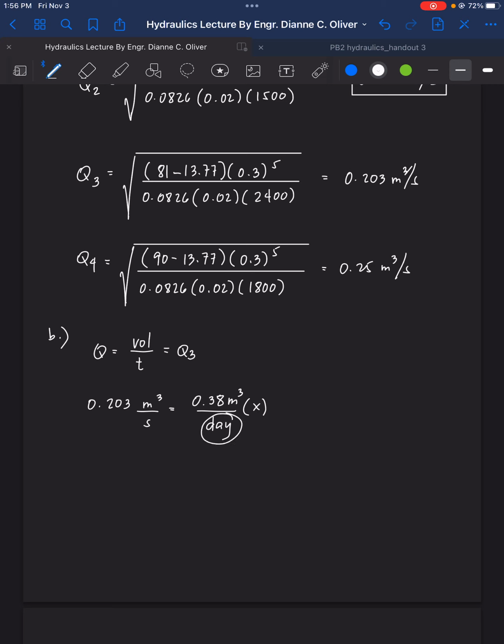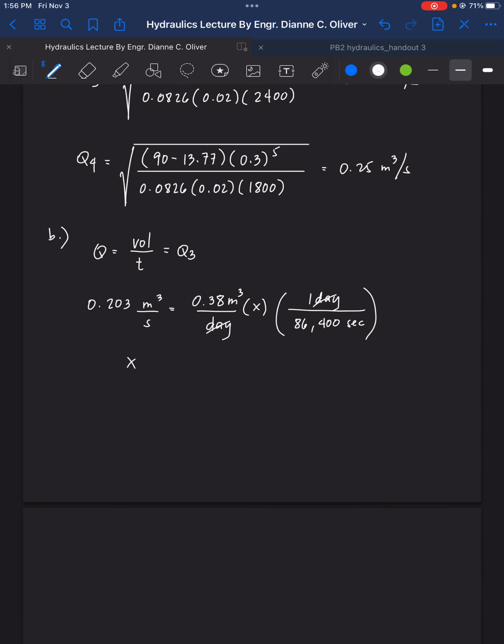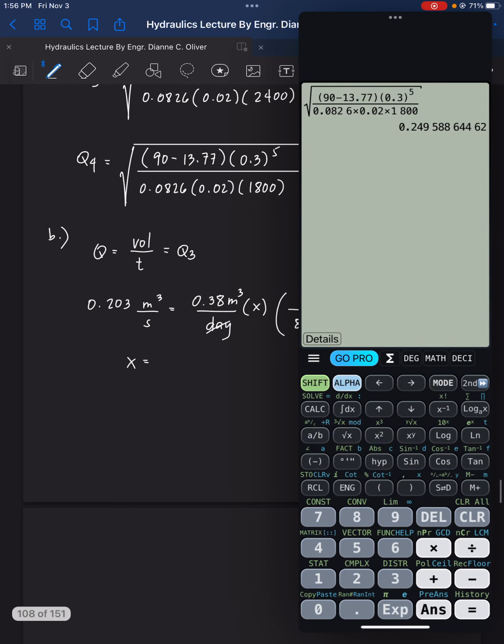But let's convert this day into seconds. So 1 day is 86,400 seconds. Cancel day here. So X now is equal to 0.203 times 86,400 seconds in a day all over 0.38.